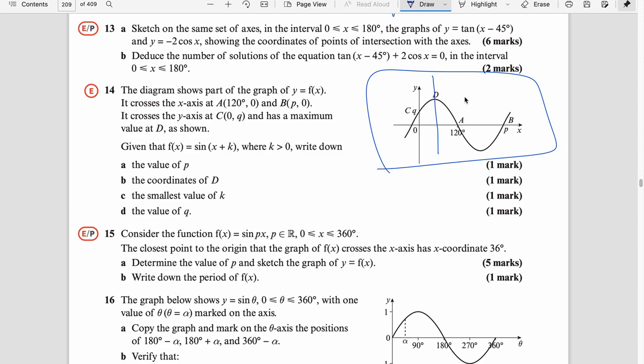If we assume that it has moved 30 degrees right, then yes, it could be a cos graph. Let's check. If it has moved 30 degrees right, this value should have been 90. Subtracting 90 from it, this should have been 0. Yes, we can say. So sufficient information must be given. And if sufficient information is not given, they will never ask you if it is cos or sine.